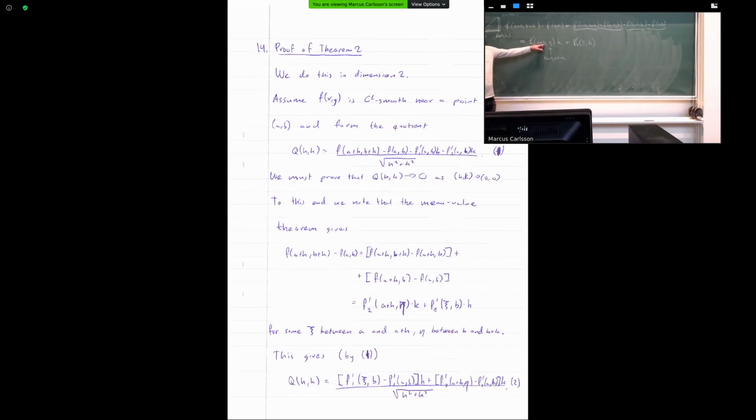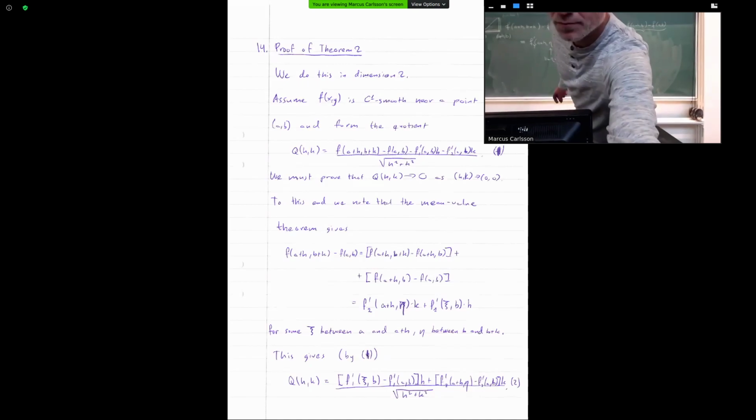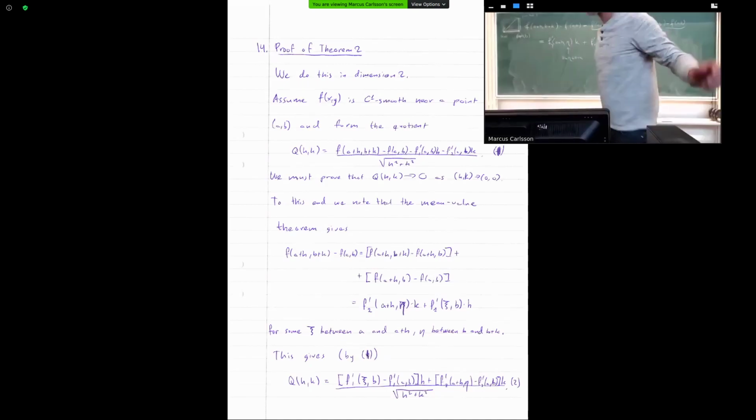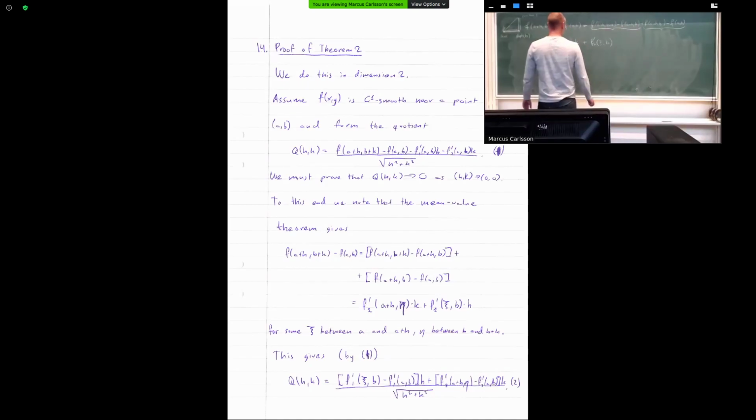So here a plus h, here just b. This has to do with that this line goes here and the other one goes there; if you had gone this road instead, then the orders would have been flipped. Okay, so psi is now a number between a and a plus h, and then here's an h.